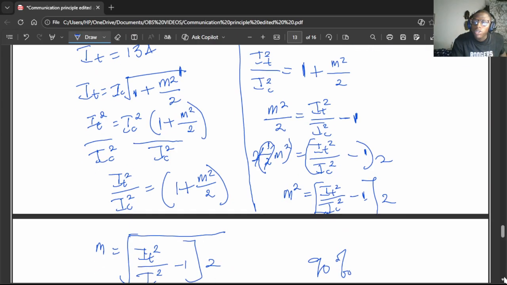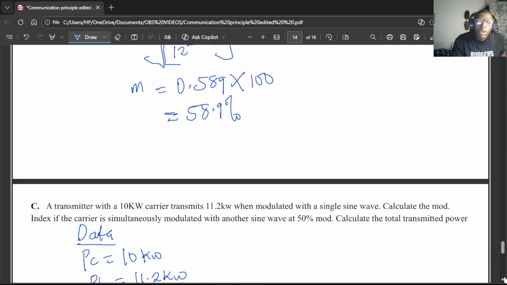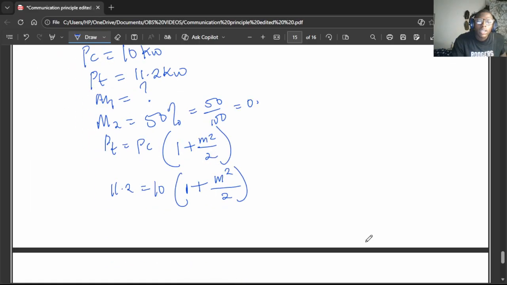So now, go back to your question. Going back to your question, in this case, we now have PT divided by PC, right? What's the next thing? Is it subtracted? Subtracted by 1 multiplied by 2.